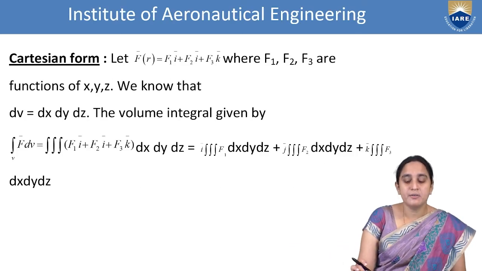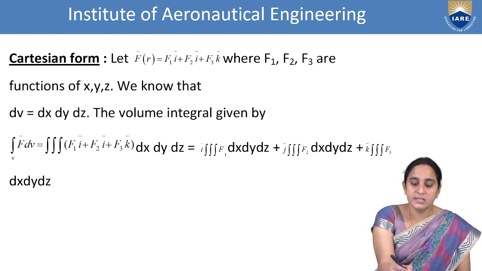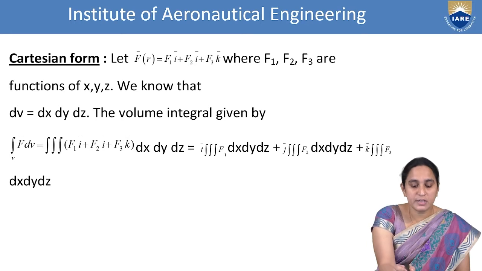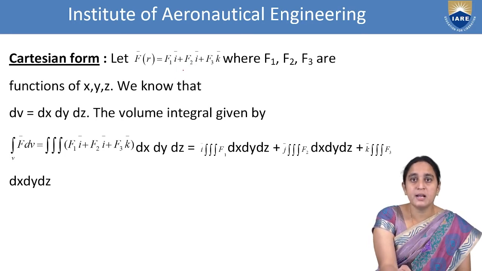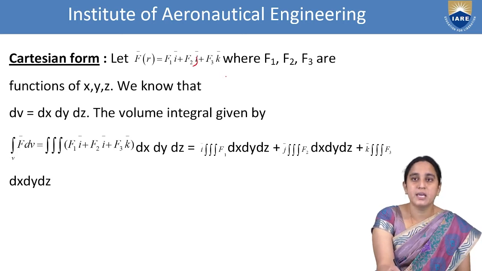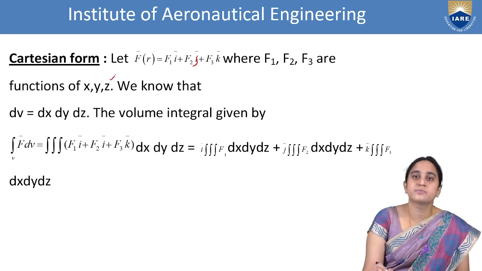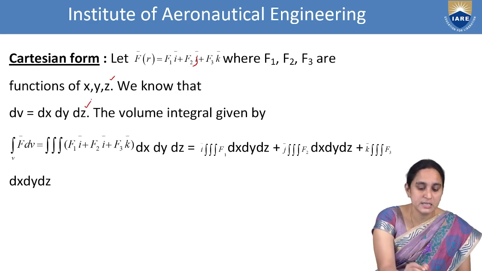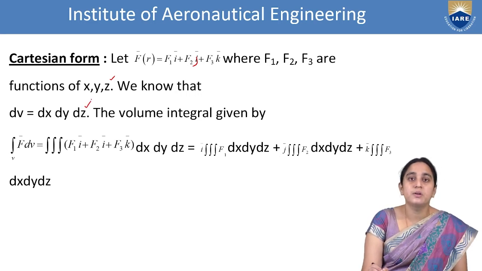Let F bar of R be a vector point function, of the form F1 i bar plus F2 j bar plus F3 k bar, where F1, F2, F3 are functions of x, y, z. We know that dV is equal to dx dy dz.